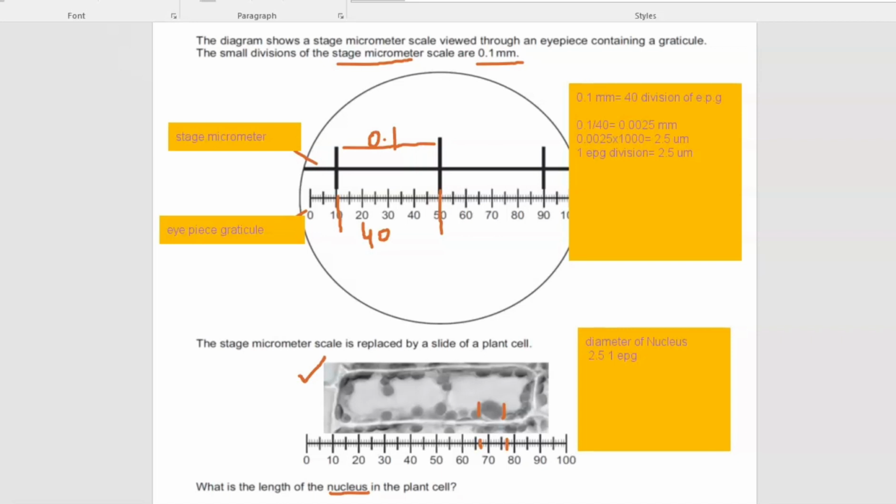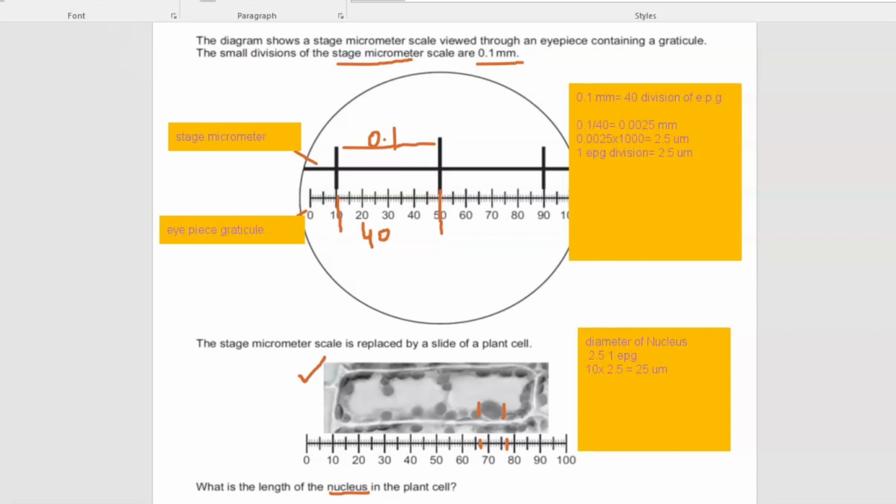So 10 EPG means 10 multiplied by 2.5 micrometer, which is equal to 25 micrometer. So the width of the nucleus is 25 micrometer. We know that the nucleus is always larger than 10 micrometer, so it is 25 micrometer here.